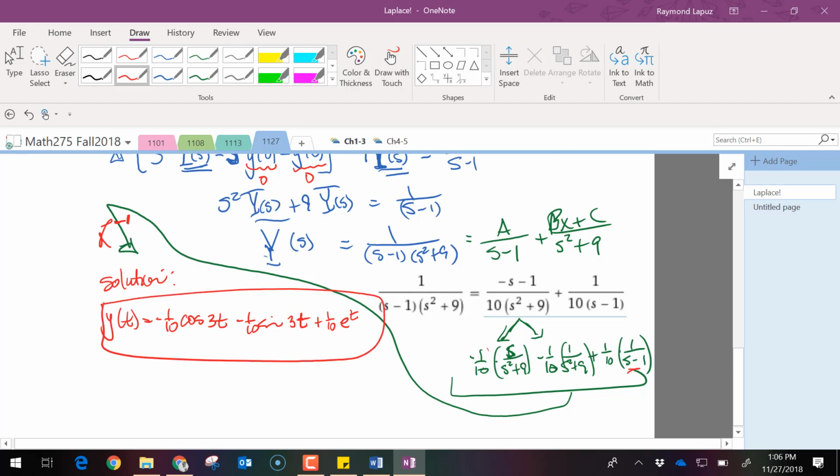So that's it. If we didn't do it this way, we would have had to find the homogeneous differential equation.